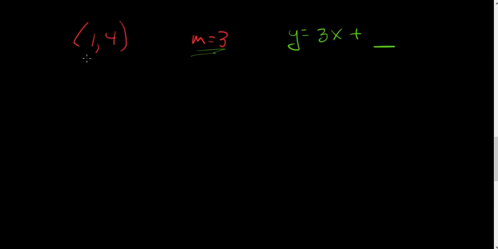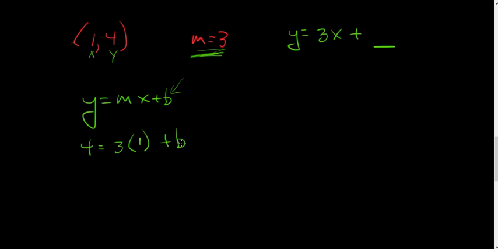So how do I find my y-intercept? Well, I'm given one point and the slope. So I say y equals mx plus b. Now I know everything here except the b. Now I've got an x here and a y here, so I can just plug those numbers in. 4 equals m, which is 3, times x, which is 1, plus b.